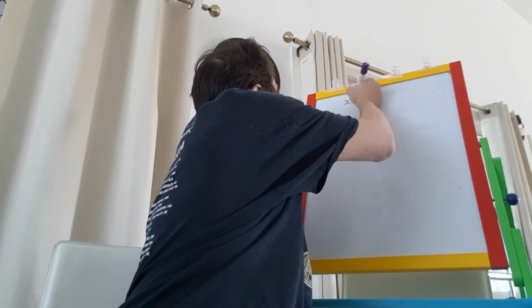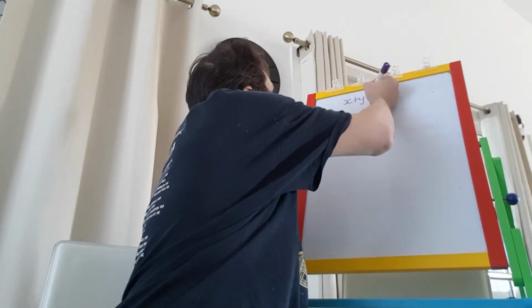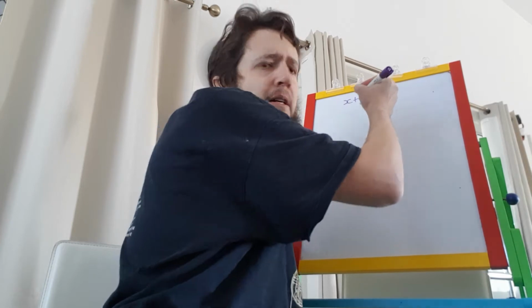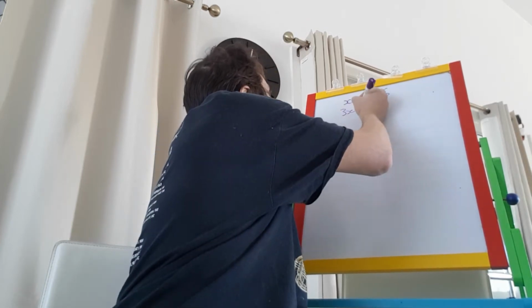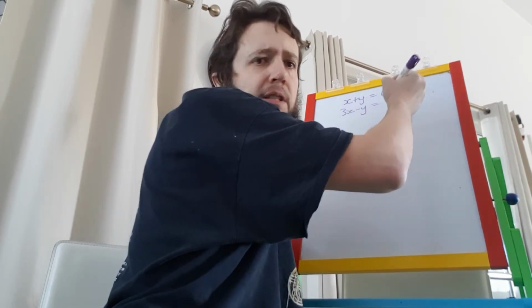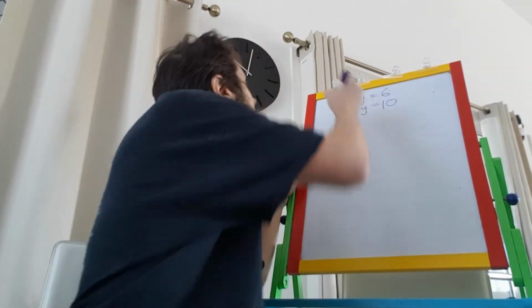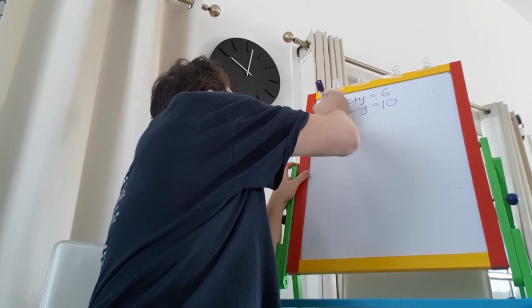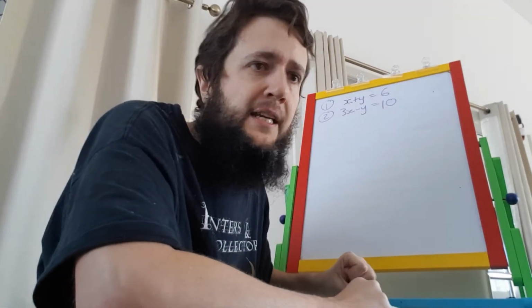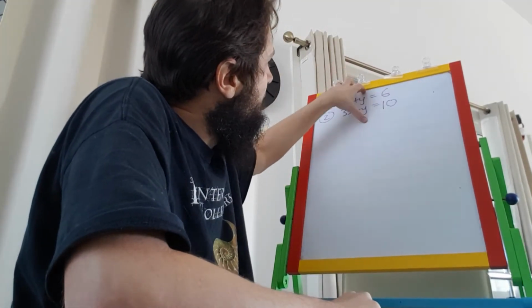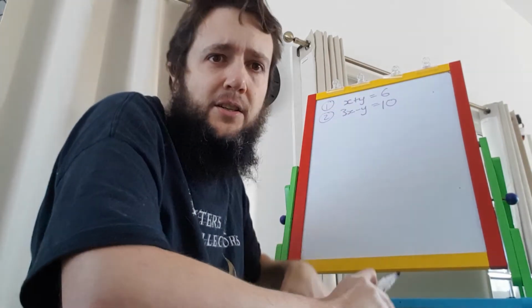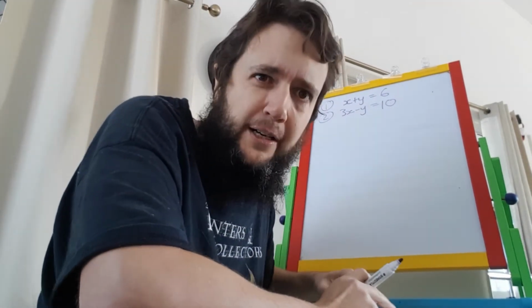If you have two simultaneous equations, and 3x subtract y equals 10. So here I've got two equations. Now, the idea of adding or subtracting multiples is: is there some way I can add this left-hand side and add this right-hand side to get rid of a variable?